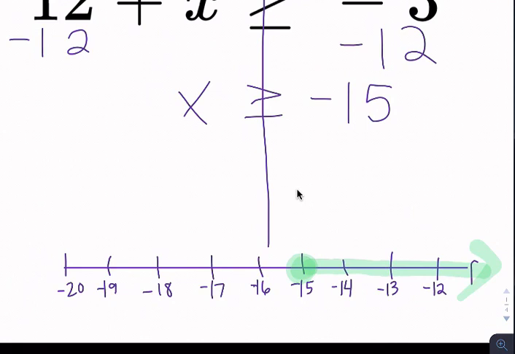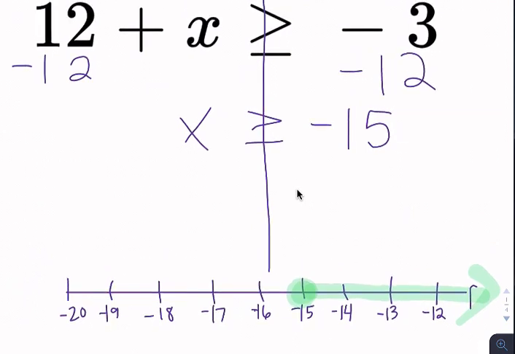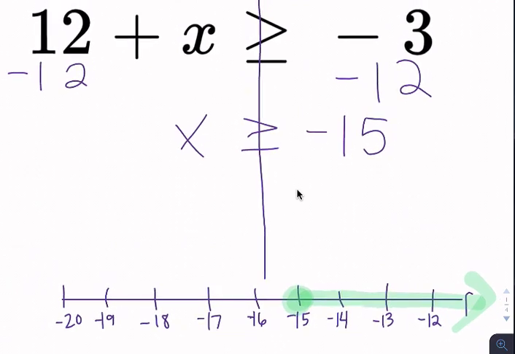So there's my solution. Any of the numbers that are bigger than or equal to negative 15 are going to be a solution for this problem. So if I think about it, 12 plus negative 15 is negative 3, and negative 3 is equal to negative 3. So that's how that one works, and that's how we graph it.